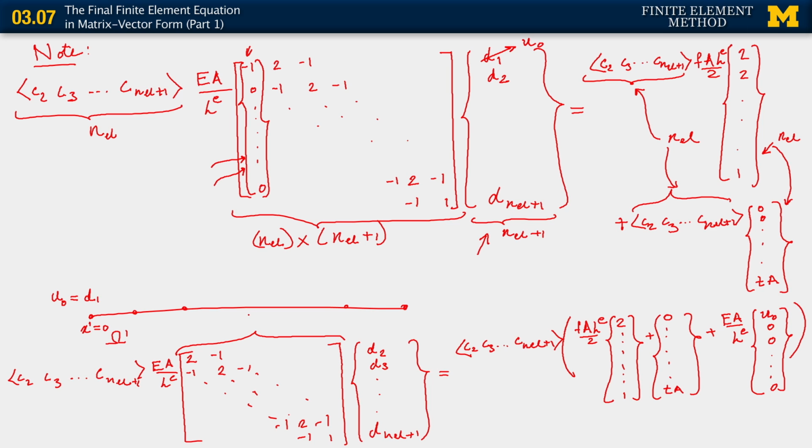So we are going to recognize therefore that it is a matrix of size NEL cross NEL. And we're going to do one more thing. NEL cross NEL is the dimensions of this matrix, and we are going to write this as the matrix K.